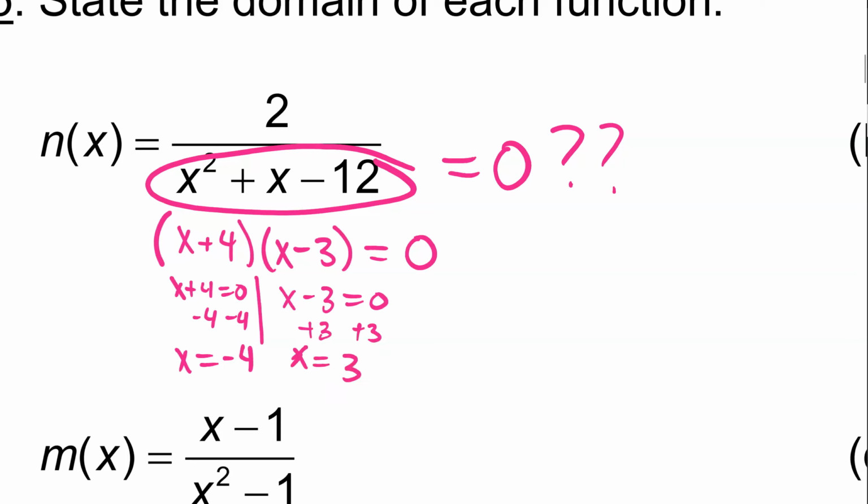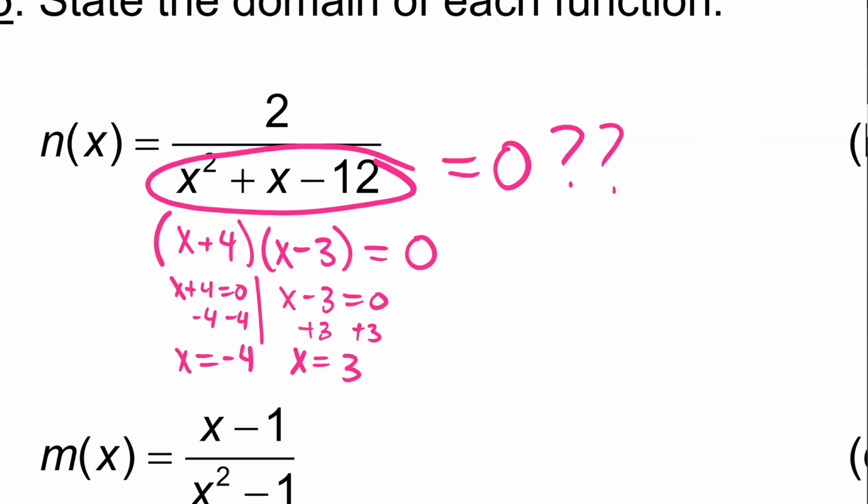Those are the two x values that, if I plug them into my function, would give me 2 divided by 0. These are the only two x values where if I plug them in, it wouldn't give me a y value. It would be undefined. So what I have to do is cut them out. I want to say any number except those two.